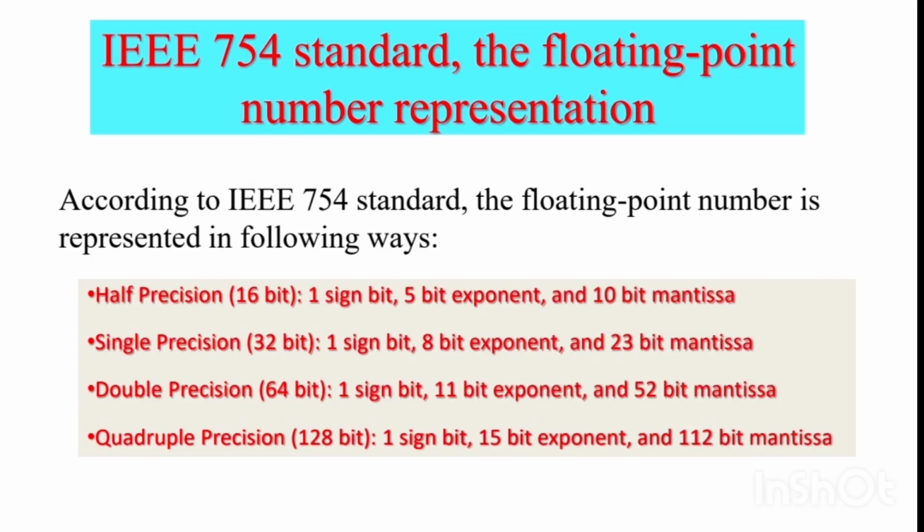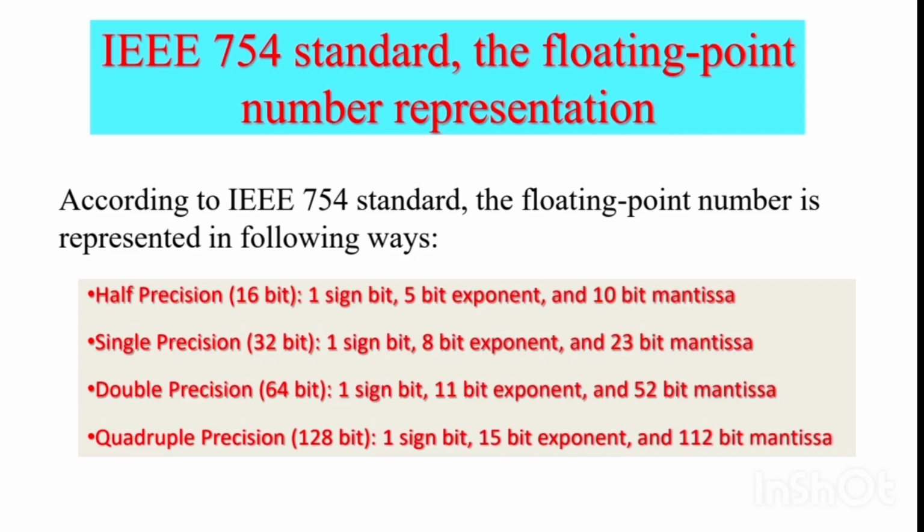The first one is having 16 bits together, and in that the first is the sign bit, that is 1 bit, then 5 bits for exponent, then 10 bits for mantissa, and that is half precision. Then for single precision, it's altogether 32 bits, 1 bit for sign, 8 bits for exponent, and 23 bits for mantissa.